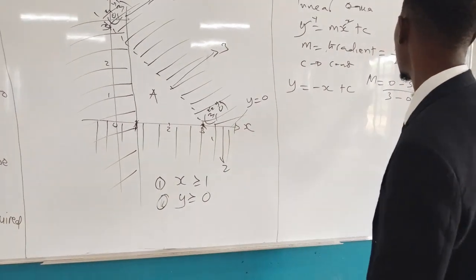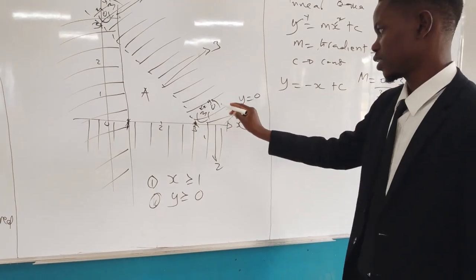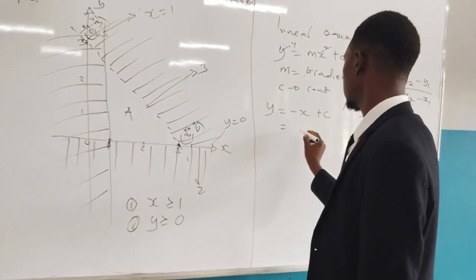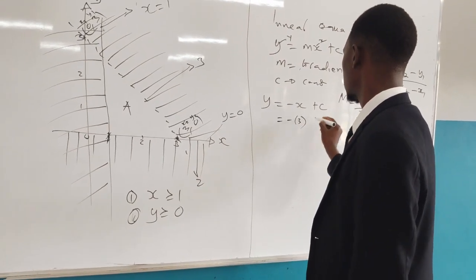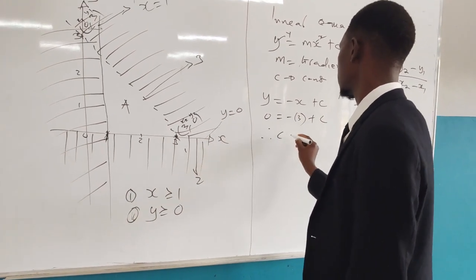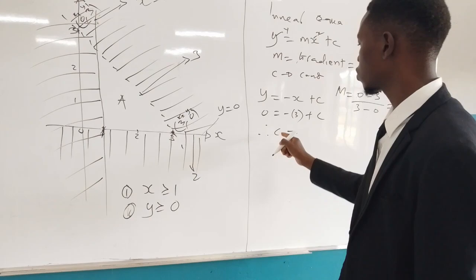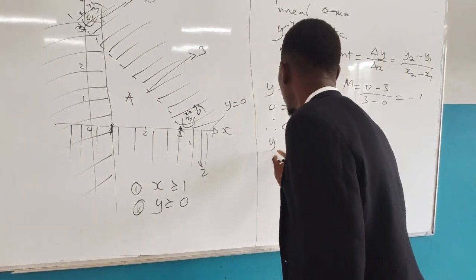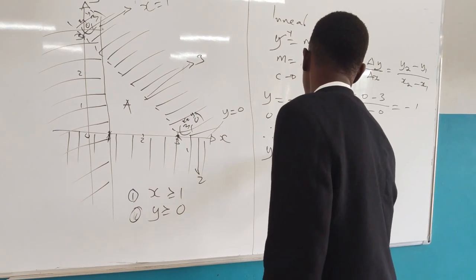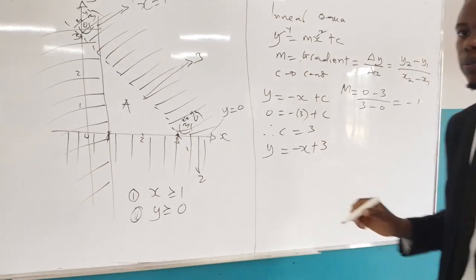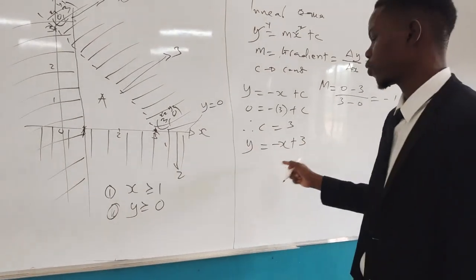If we choose this set, we substitute x with 3, and y here is 0. So c is equal to 3. Therefore, the equation will be y is equal to negative x plus 3, since c is positive. So this is our equation.